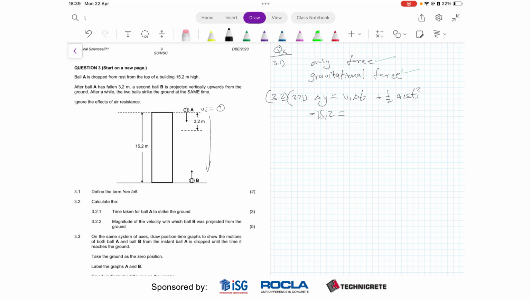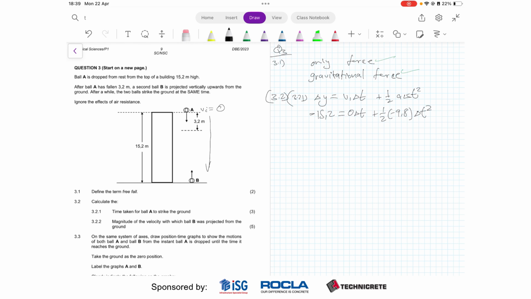which is equal to 0 multiplied by delta t plus 1 over 2 into minus 9.8 delta t squared, because remember, downwards is negative. In this case, we've chosen upwards as positive.